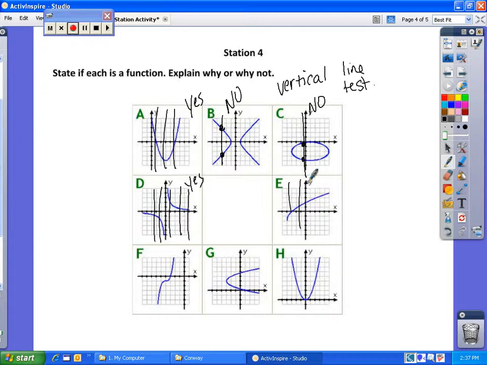Vertical line test, yes, this passes. Vertical line test, yes, this passes. No, this does not pass. And last one, vertical line test, yes, this passes. So we have a couple no's, B, C, and G are all no's.